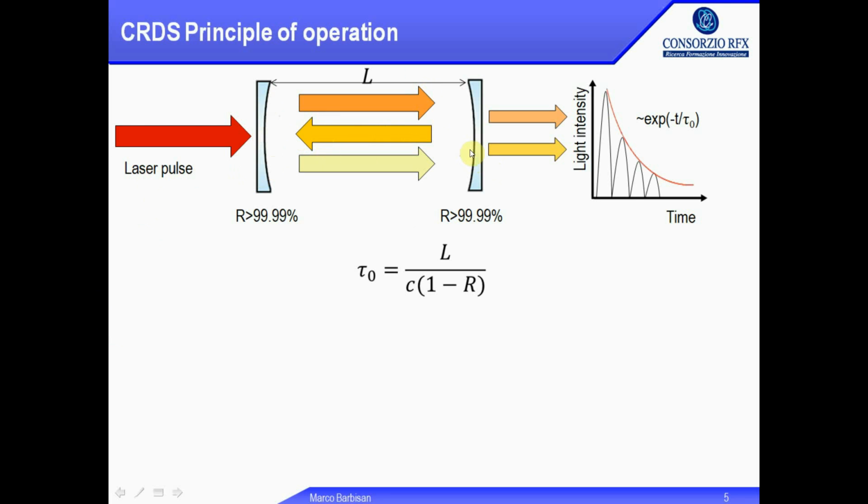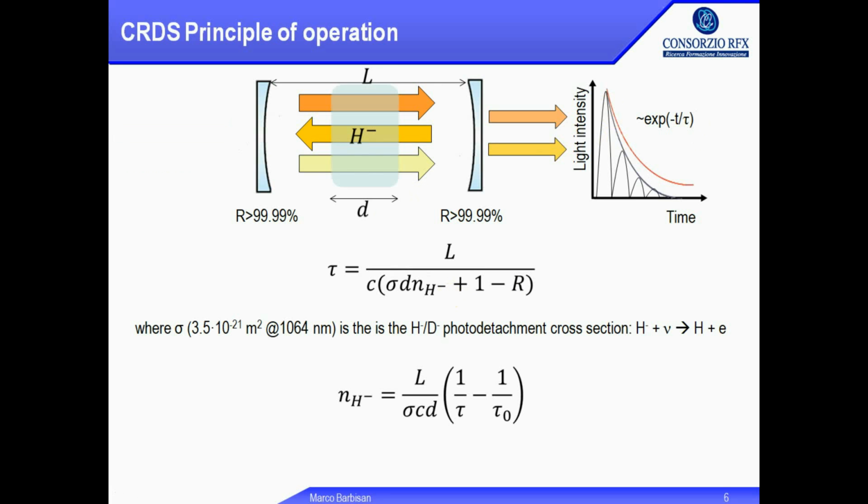Bouncing back and forth, part of the pulses are able to escape the optical cavity, and the consequent train of pulses has an intensity which decays with a specific decay time τ0, which is given by the cavity length L and the mirror's reflectivity. This decay time can be reduced if an absorbing medium is inserted inside the optical cavity.